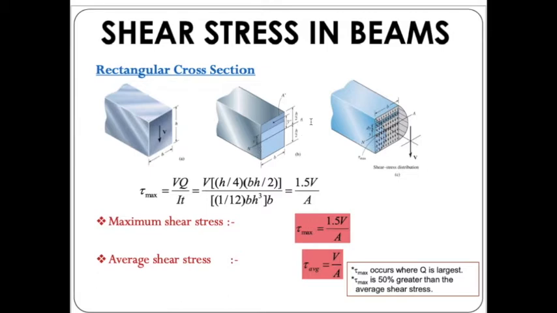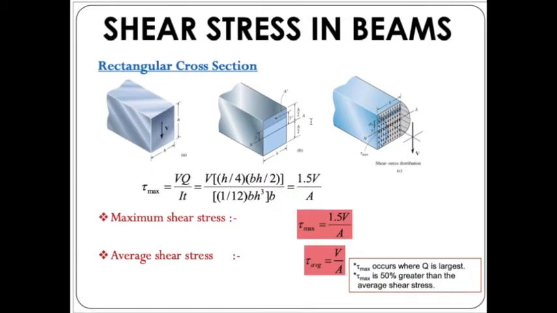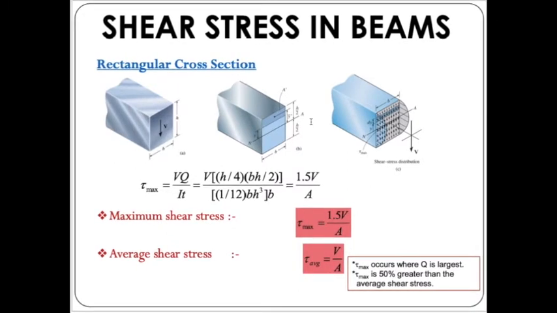Since it is a rectangular section that is uniform on its top and also bottom section, we are going to have this section divided by 2 with the centroid located right in the middle of the section. So for this type of section, we are going to have tau maximum happening right in the middle of the section.